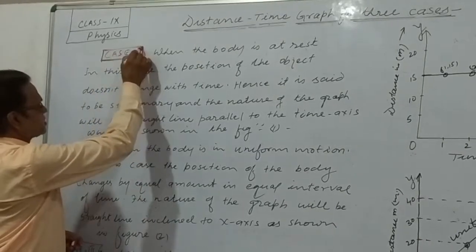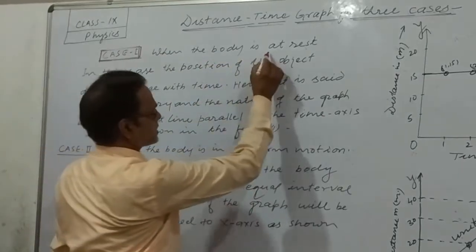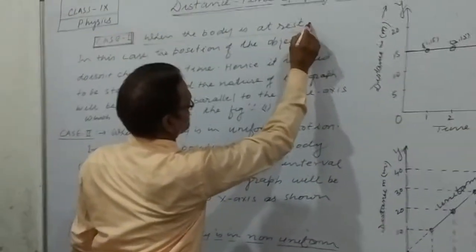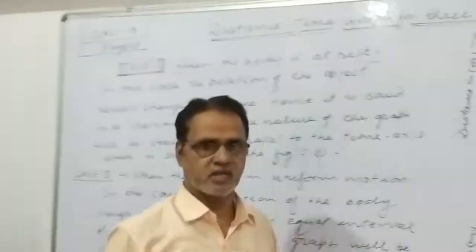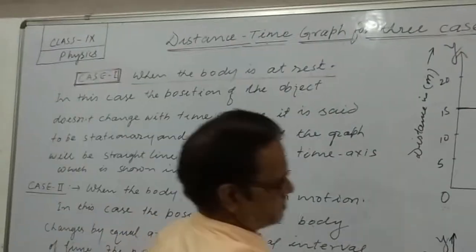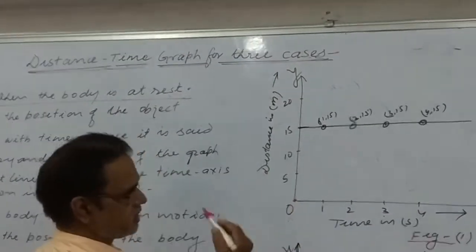देखिए केस फर्स्ट है. Okay, when the body is at rest, the first case है when the body is at rest. Then what will be the nature of the graph? This is the graph in figure first. O, origin of the graph.